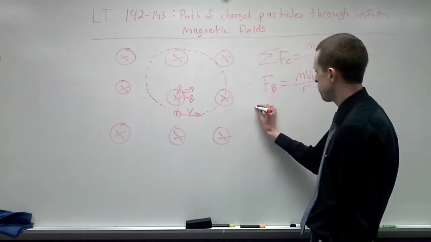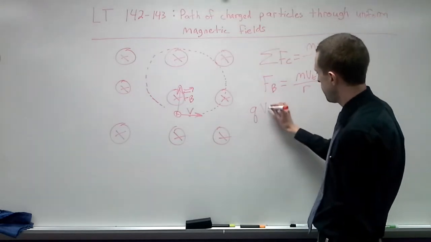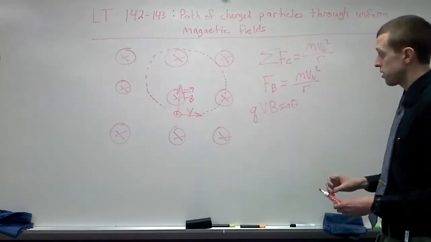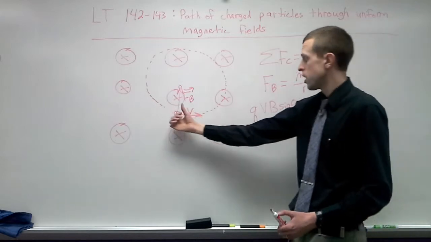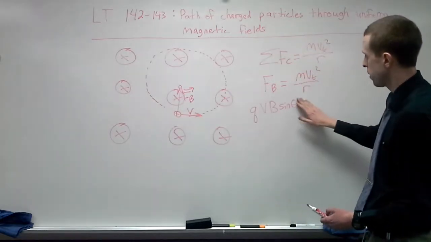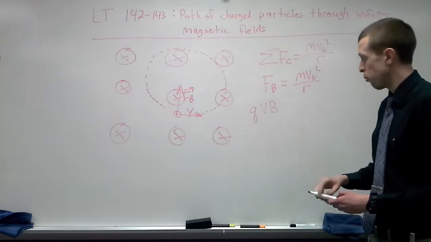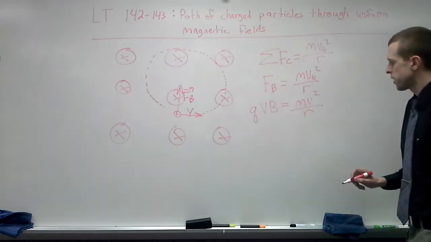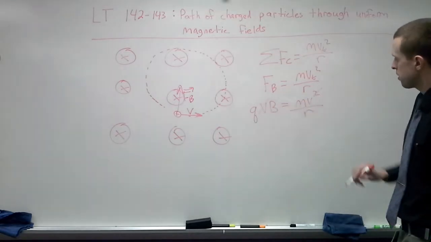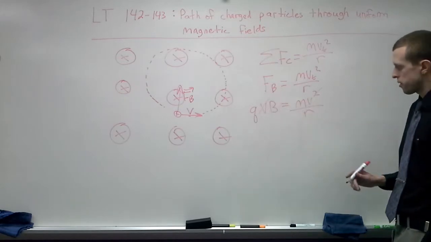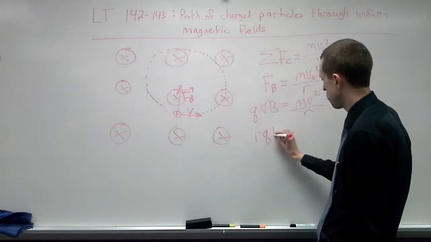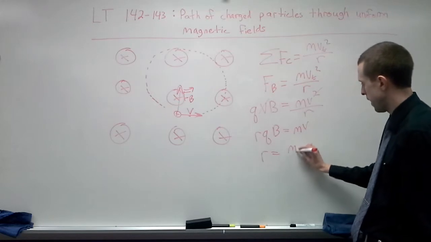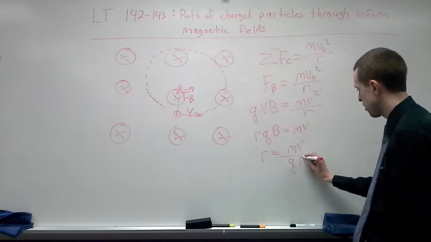So the magnitude of that B force is q v B times the sine of the angle, which in this case, since we're looking at a velocity that's perpendicular to our magnetic field, is 90 degrees, so we'll just have times 1, equal to mv squared over r. We'll have one factor of v cancel and multiply r to the other side, so we have r q B equals m v. And so the radius of this circle is mv over qB.